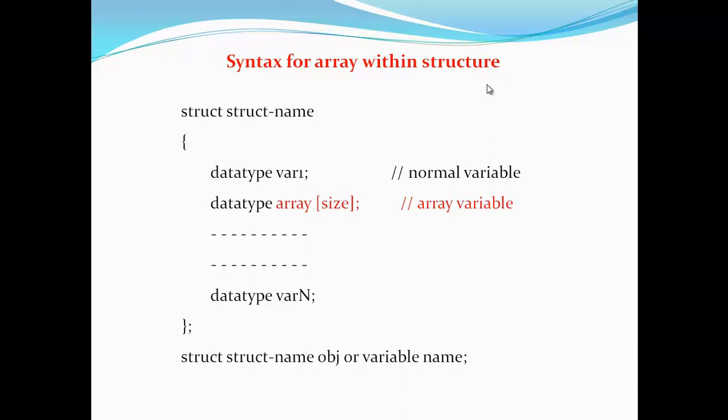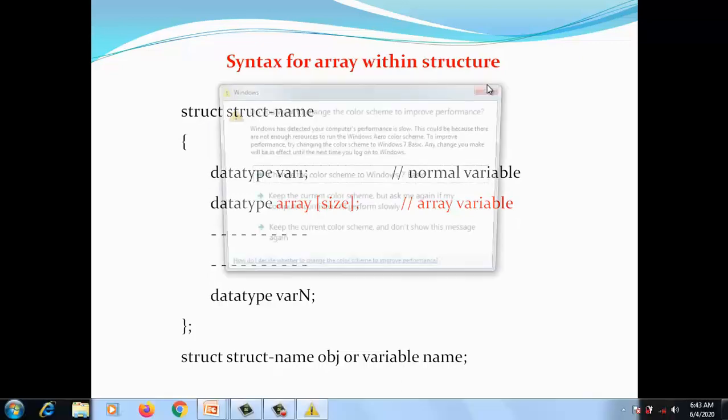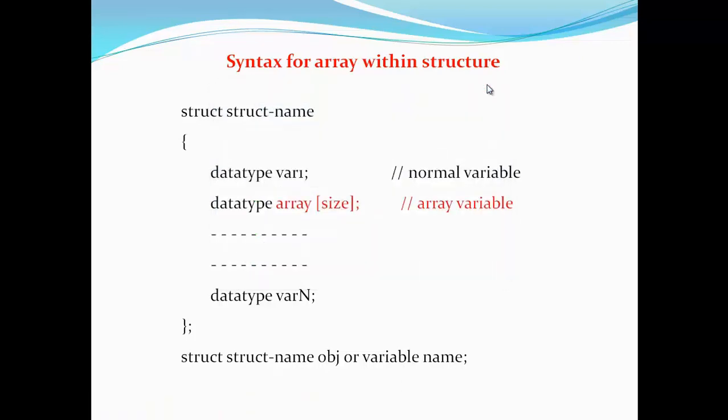So here is one example of the syntax. I highlighted it in red, and we create an array within the structure. Again we declare structure variables with the structure as well as outside of the structure.